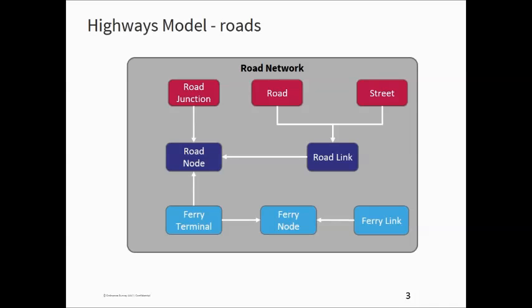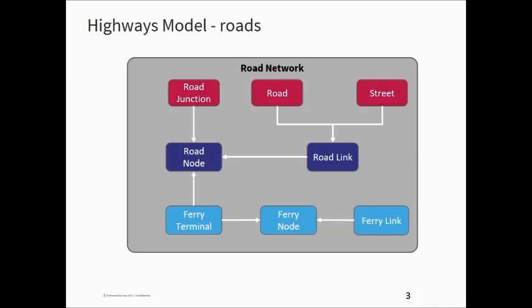That is, it will reference the start node and end node of the road. You then also have the road and the street features, which both reference the road links. Then you also have the road junction, which will reference the road nodes, and the Ferry Network as well. However, we will go into more detail in the following slides for each feature.